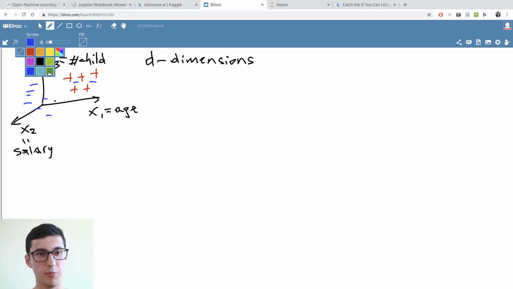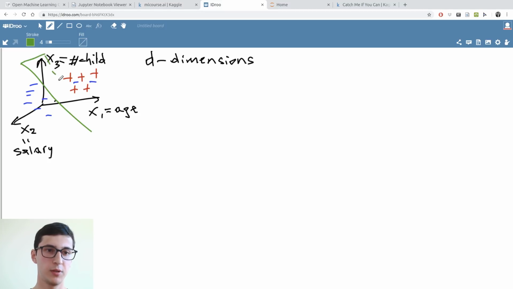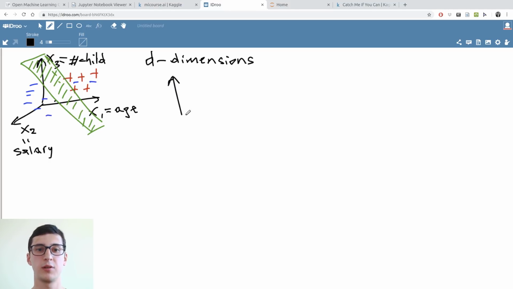And we'd like to separate these objects with some simple decision boundary, let's say with a hyperplane. So this will be a hyperplane separating these 2 classes. Even simpler, for 2 dimensions, this will be just a line.